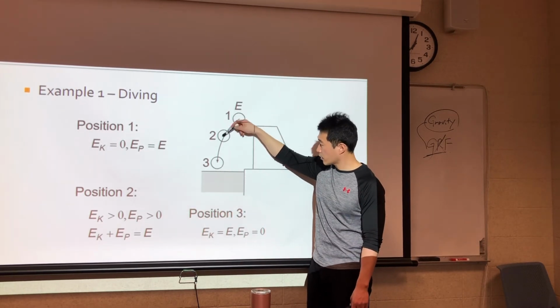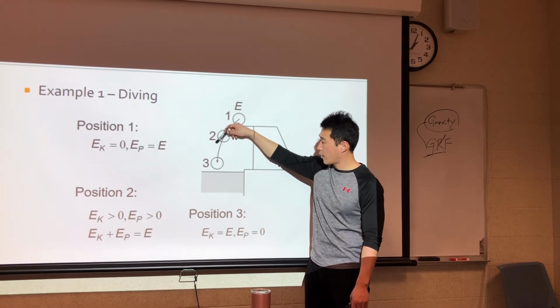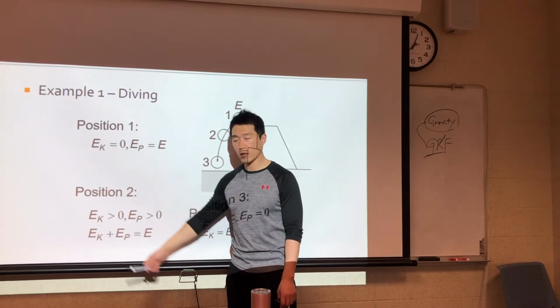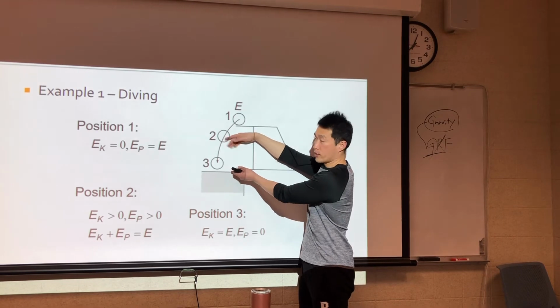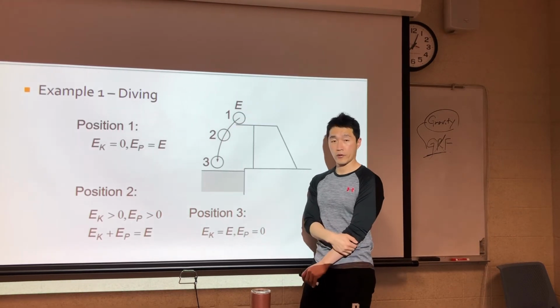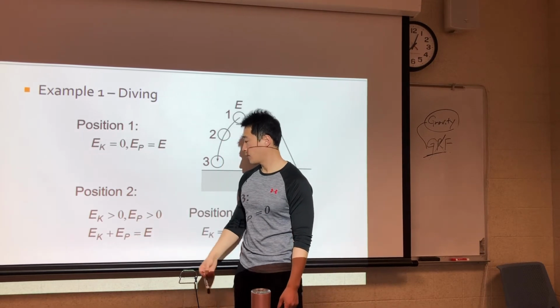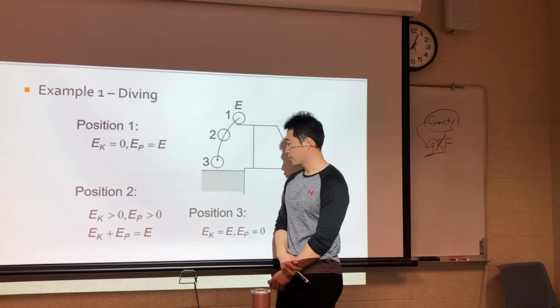Then position two. Now he's jumping into the water. When he's in the middle, in the air, right here, he has kinetic energy as well as potential energy, because he has a certain amount of height and he's moving toward the water. That's why he has both kinetic energy and potential energy, added up as the mechanical energy.